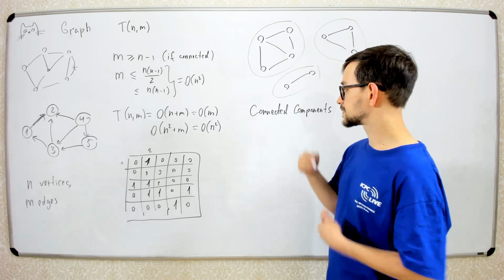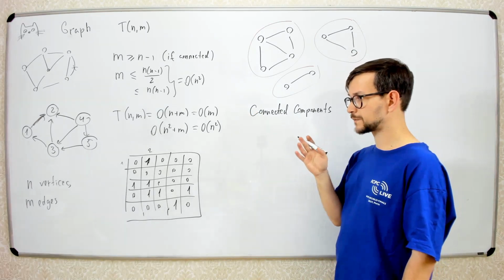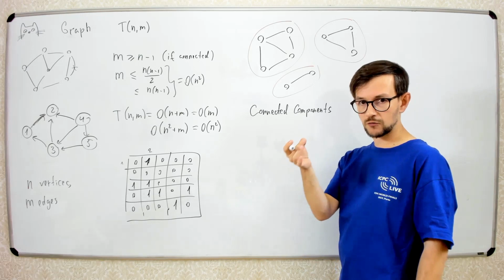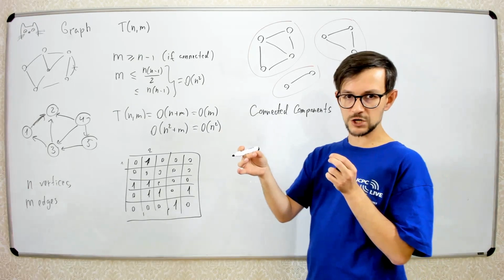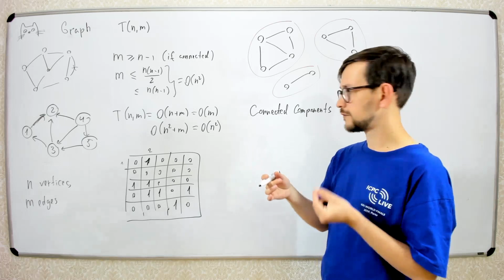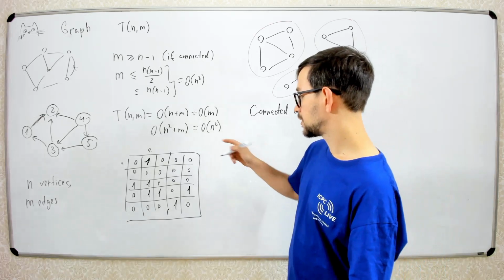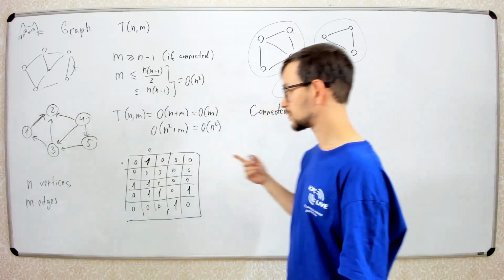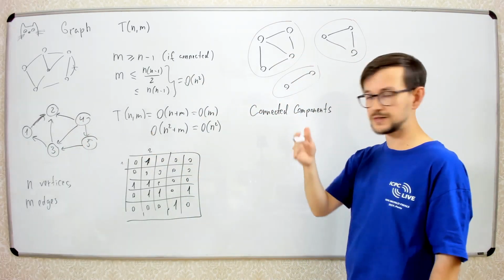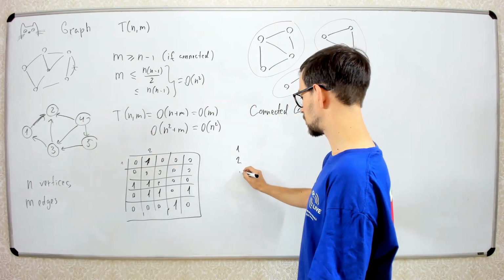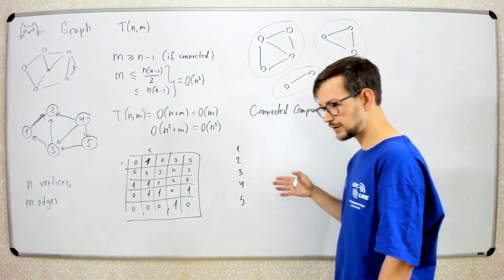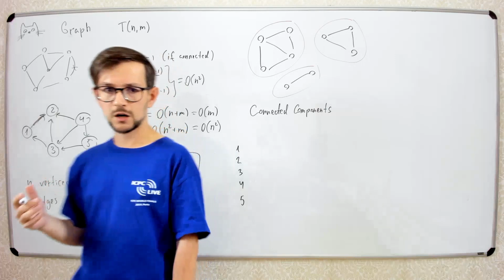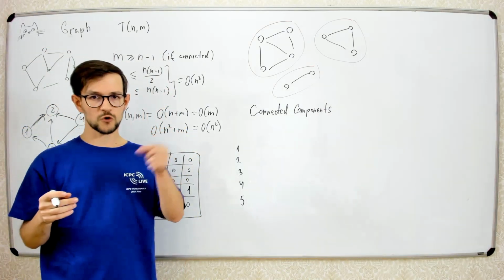We will do it like this. For each node, we will simply store the list of all edges connected to this vertex. For example, here we have five vertices, so we will have 5 lists. So for each node we have a list. And in this list we will simply store all the edges going from this node.